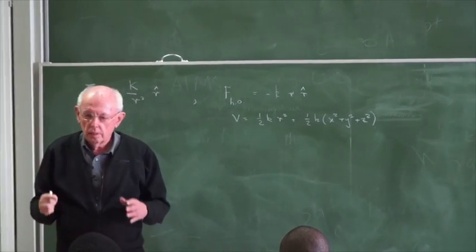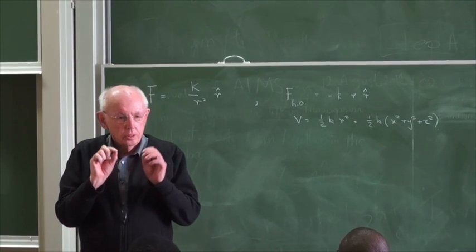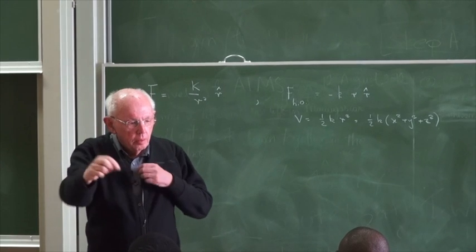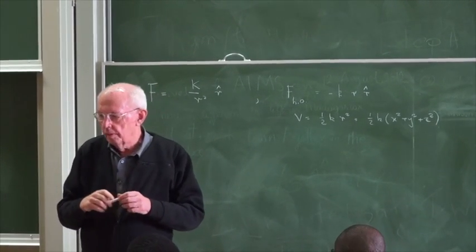So the harmonic oscillator is just a sum of a harmonic oscillator in the x direction, a harmonic oscillator in the y direction, and a harmonic oscillator in the z direction.